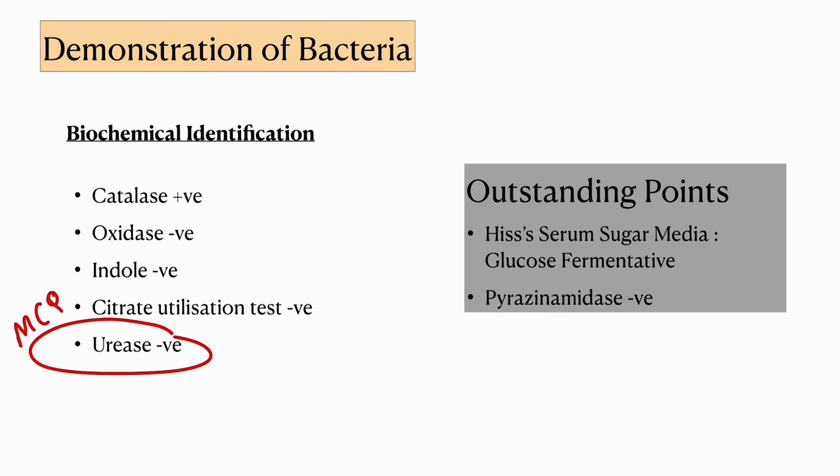Some outstanding points in these biochemical identification tests: we use Hiss serum sugar media, wherein the bacteria ferment glucose, and next it is pyrazinamidase negative. Don't go very deep into the detail because it is not for the undergraduate level. You just remember it can be asked as an MCQ question, right?